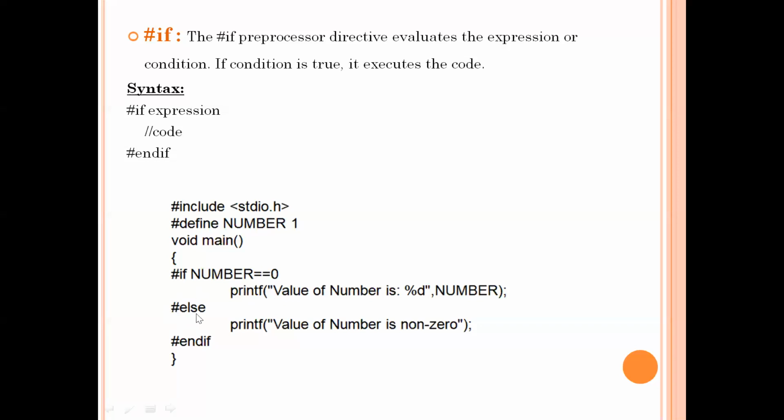But in the case of the #else directive, if the expression evaluates to false, then the else block will be executed. Here the expression is evaluating to false, so the if block will not be executed, and the compiler executes the #else block. It will print 'the value of number is non-zero' on the screen as output.